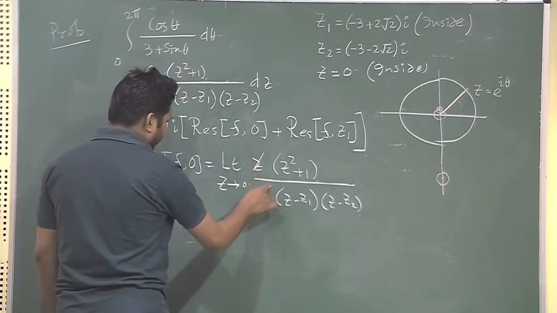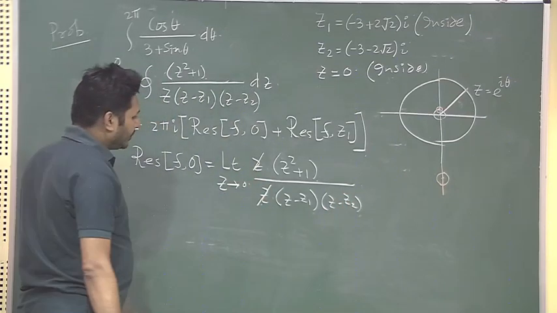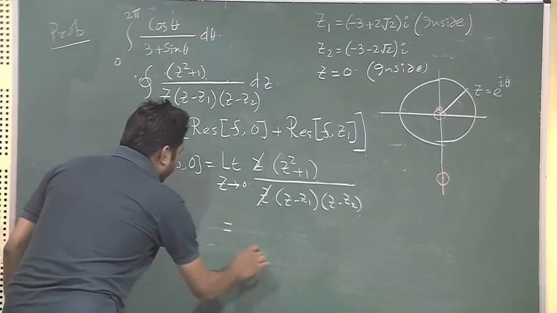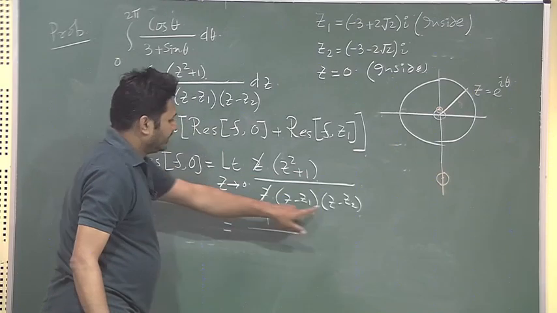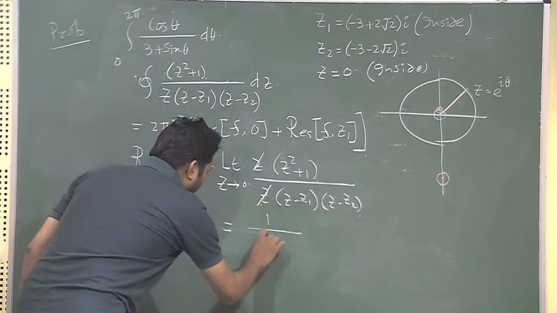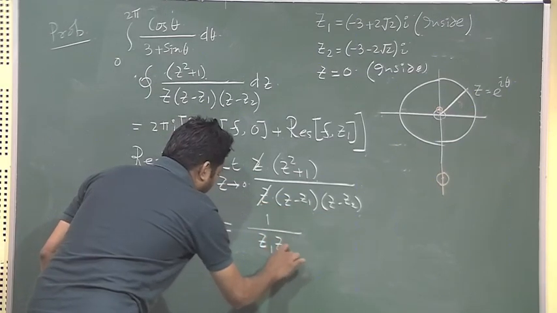This Z will cancel out, and then I can put the limit. If I put the limit, it will be 1 divided by, this will be 0, it is 1, this will be 0, this will be 0, Z1 into Z2.